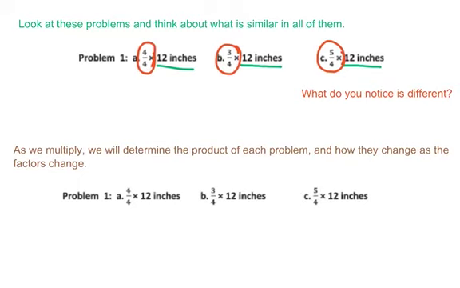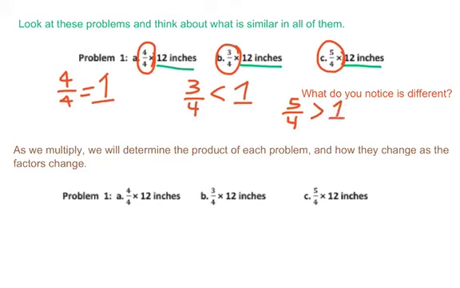So if I look at 4/4, 4/4 is equal to 1 whole. If I look at 3/4, I know that 3/4 is actually less than 1 whole. And if I look at 5/4, I know that 5/4 is greater than 1 whole.